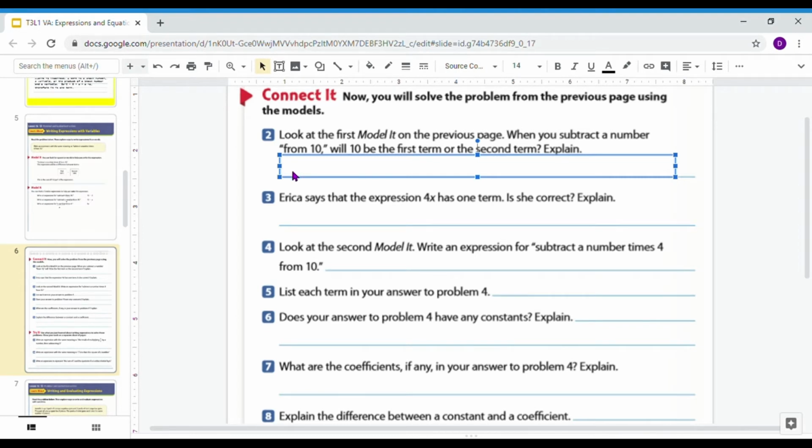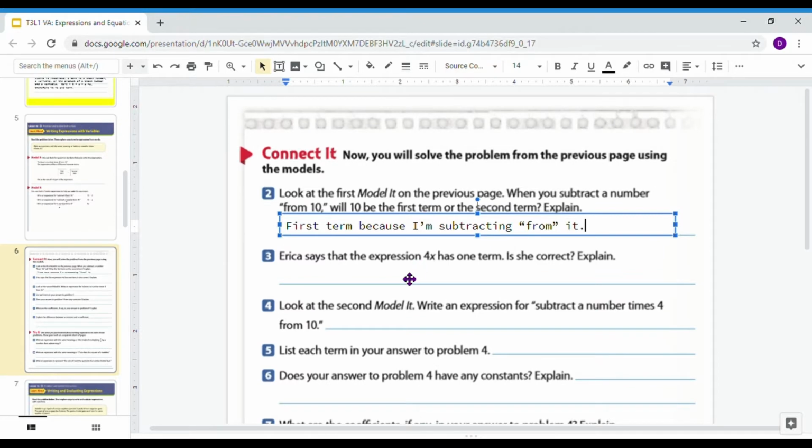So as we already got into, it's 1000% going to be the first term, because I'm subtracting from it, which means you really have to pay attention to what you're reading. So that's going to be the first term, that 10, because it says I'm subtracting a number from 10, meaning I had 10 to begin with, and I'm taking some away from that.